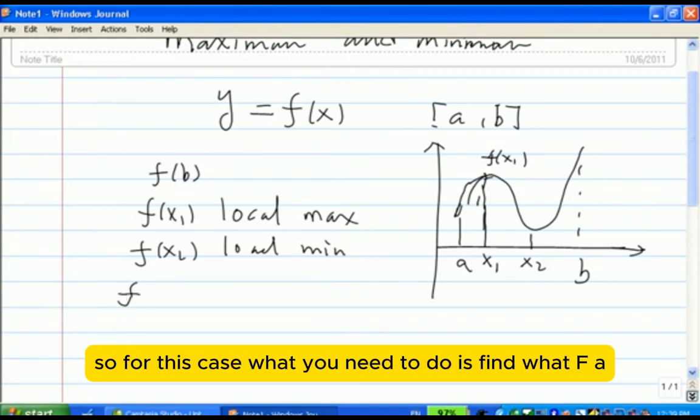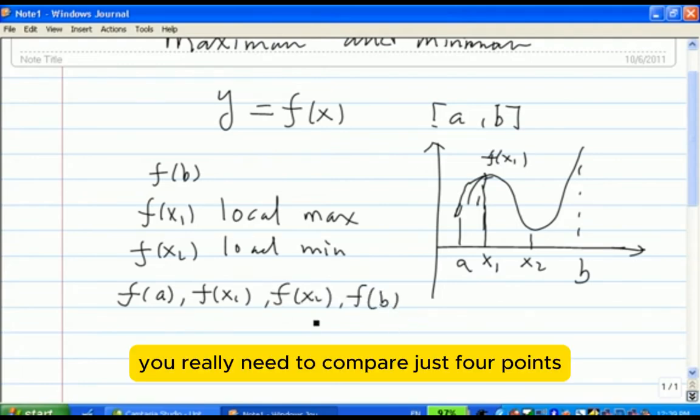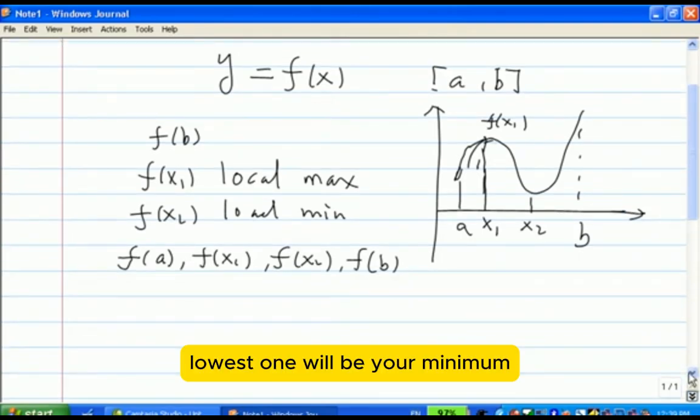So you need to find f(a), f(x1), f(x2), and f(b). You really need to compare just 4 points. The largest one will be your maximum, the lowest one will be your minimum.